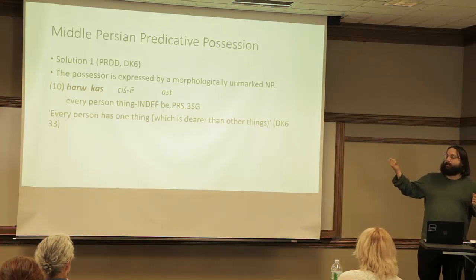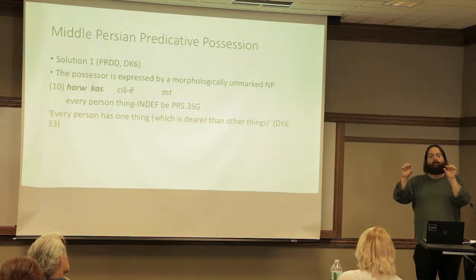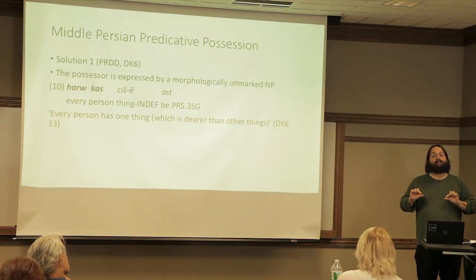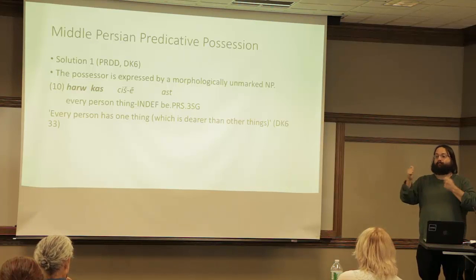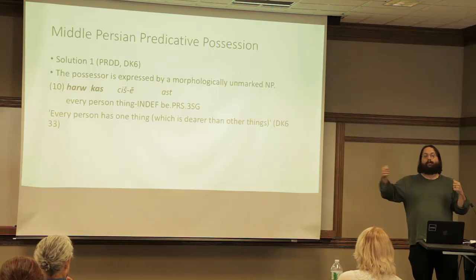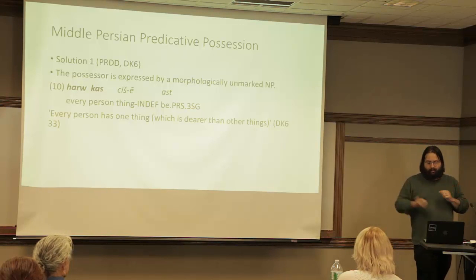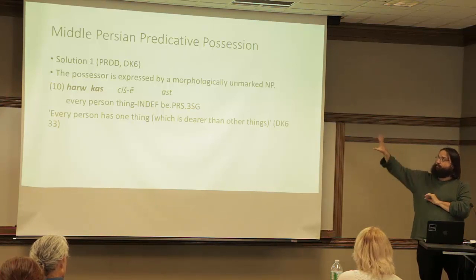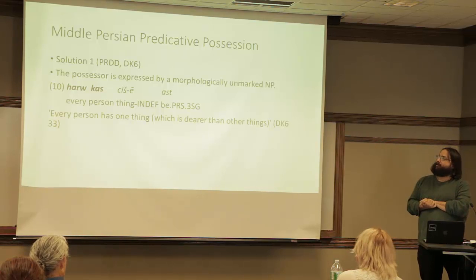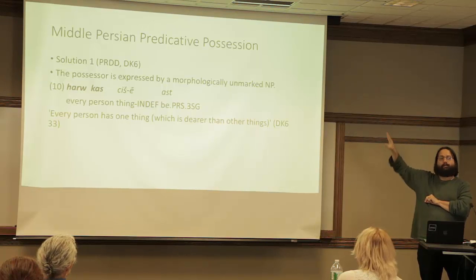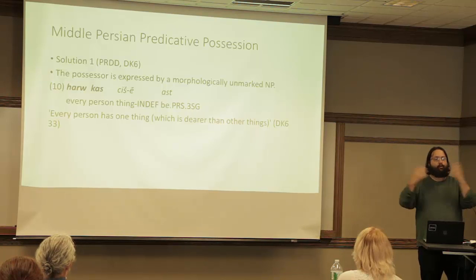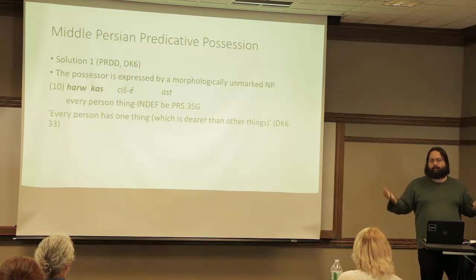This is from the Denkard 6, which is a lot of very small, advice-like sayings, so there is not a lot of room for continuation. You'll find this type of expression many times there with different possessed items. Every person has an ocean, every person has a plot of land, and so on and so on.